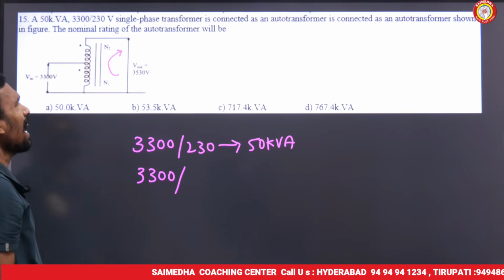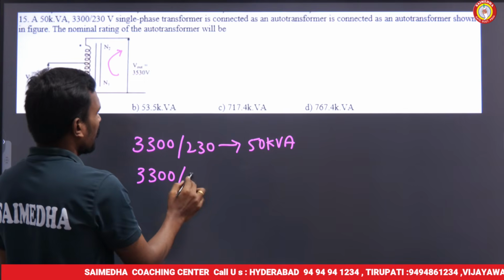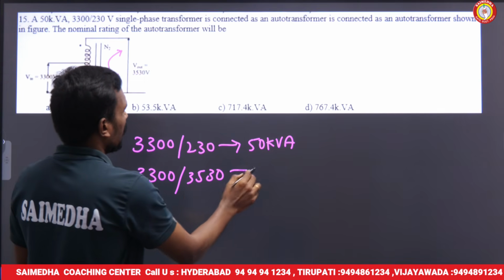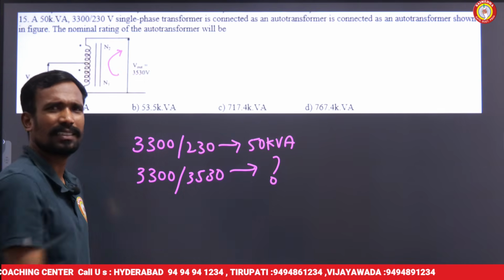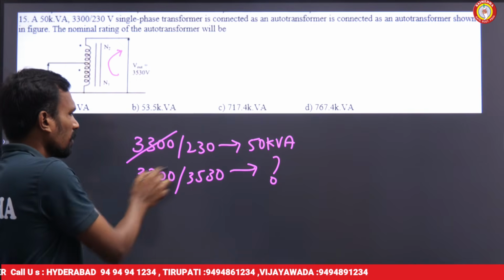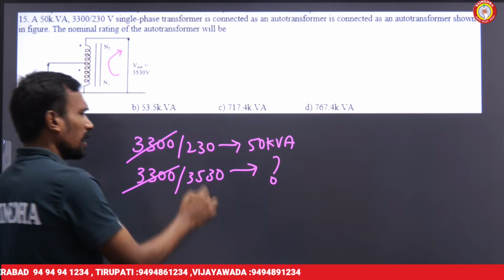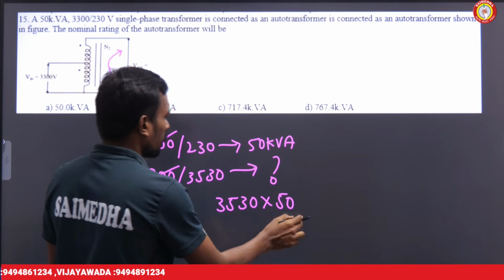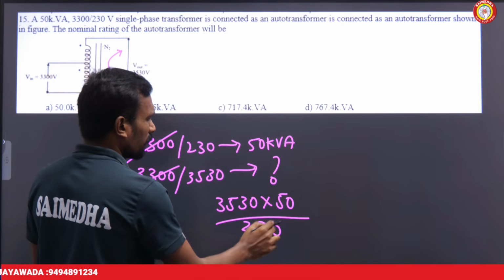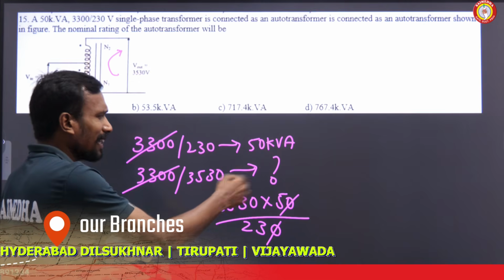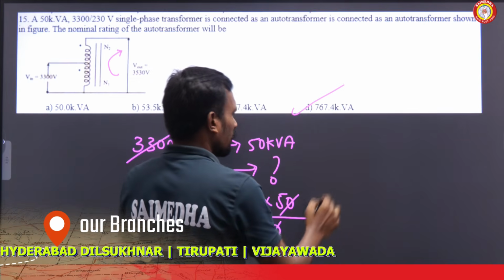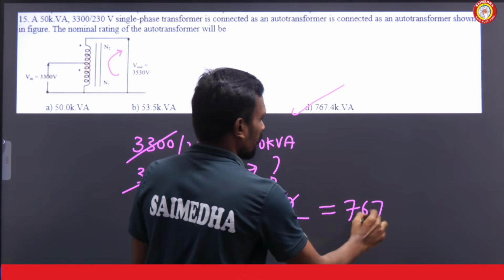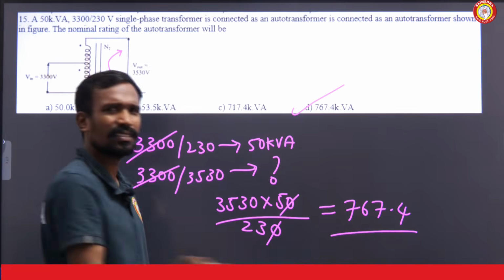Added is nothing but they have already given, 3530. They just gave the ratings, that's it. This is common. If you calculate 3530 into 50 divided by 230, how much did we get? 767.4, we got already, we just discussed this.